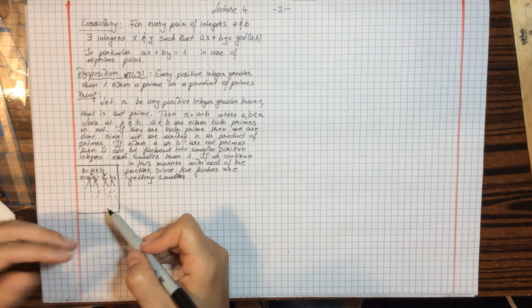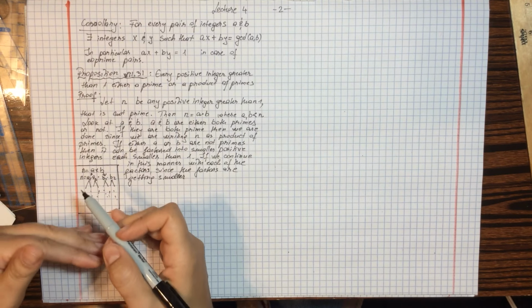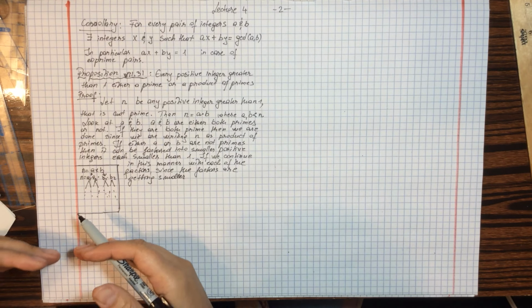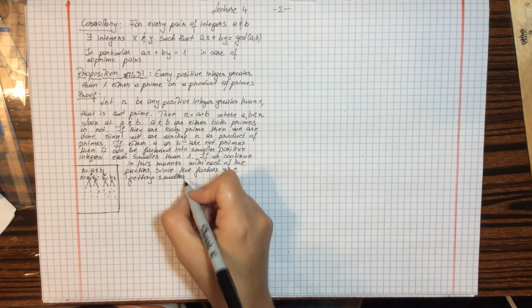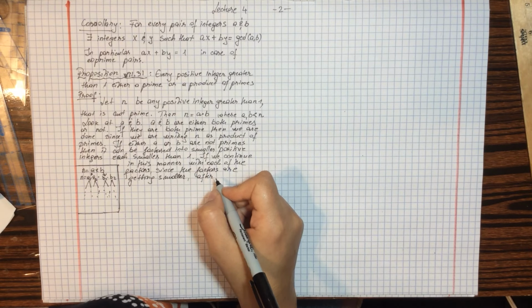There has to be a point where it all stops, because you're going smaller and smaller each time, and there are finitely many such factors. That's the key.